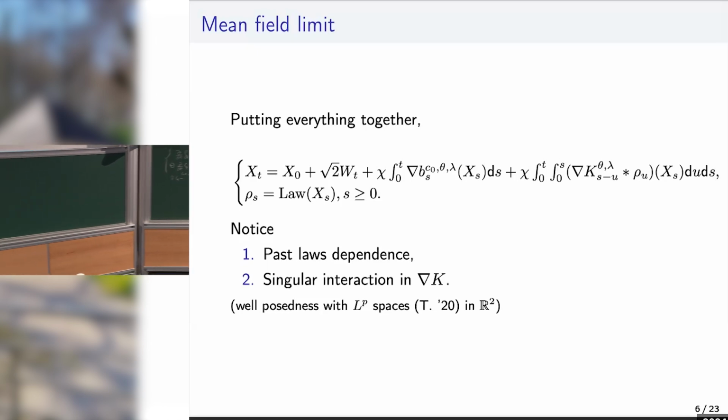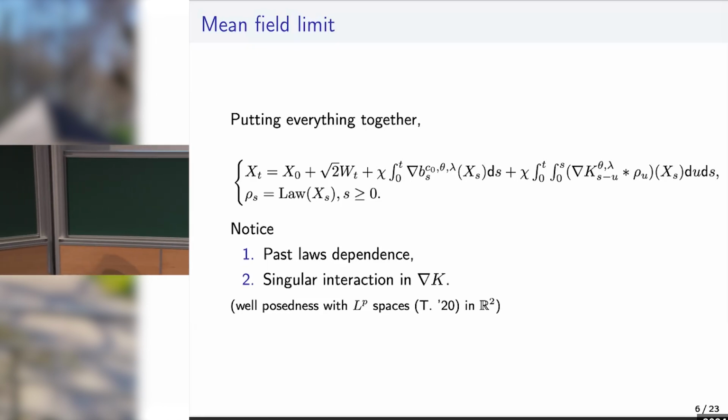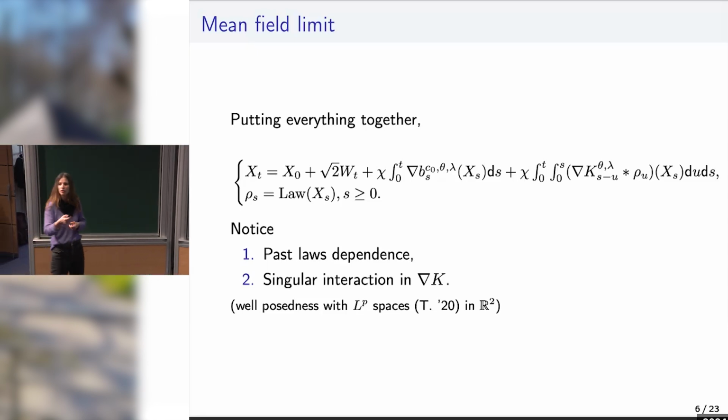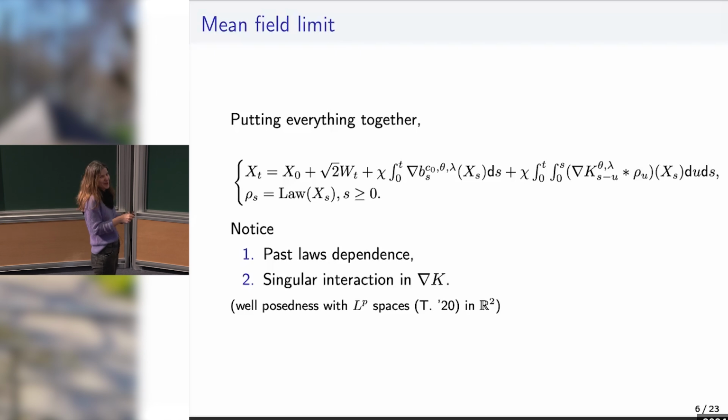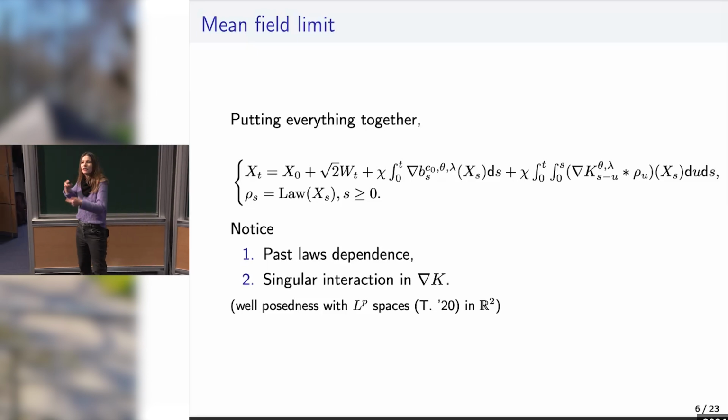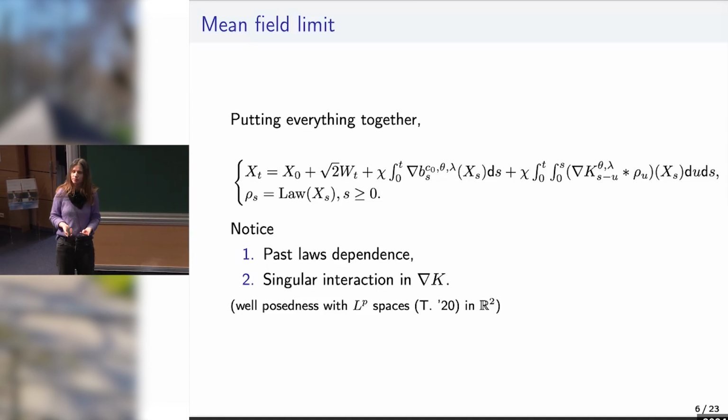As soon as you differentiate your Gaussian, you pick up a singularity there, okay? Well, we'll talk about it more, but of course, it's going to be the main problem. So you pick up something that's singular here, and you need to define this integral. So there is a singular interaction with the law, okay?